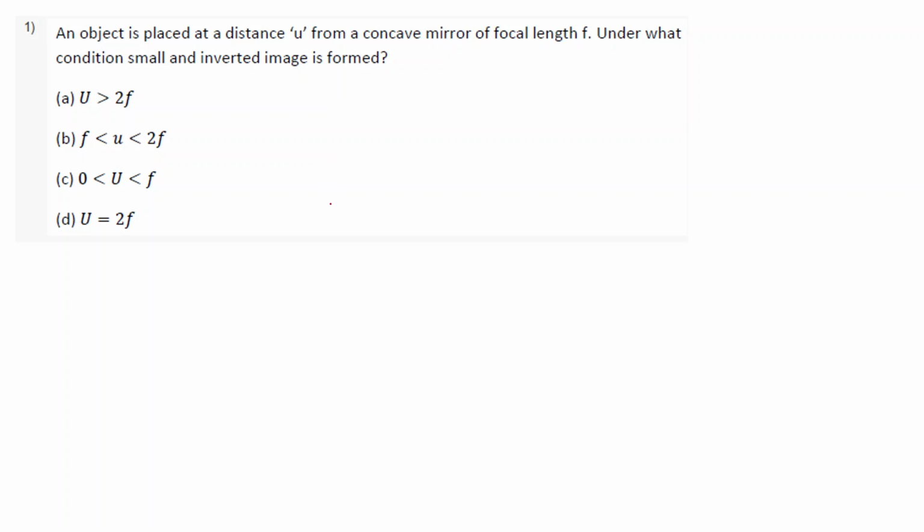So first question is, an object is placed at a distance u from a concave mirror of focal length f. First we should make this diagram so that we can put everything here, and the question becomes clear to us.